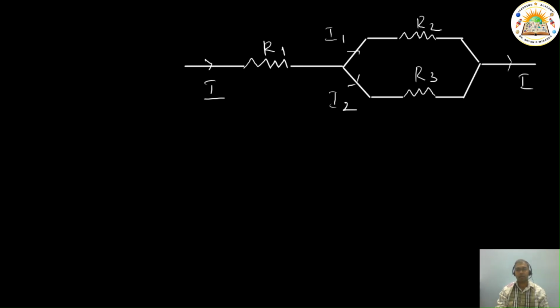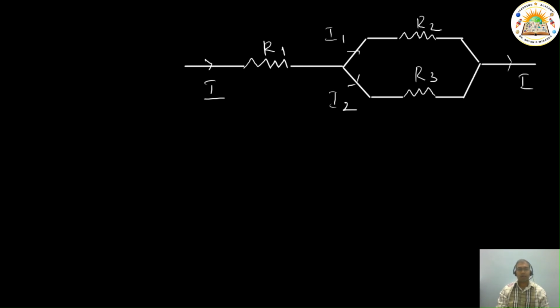So in this circuit, let us take this as my R1, this as R2, and this as R3. So we have current that is coming. It splits into, let's say, I1 and I2, and again we get back I, because I is equal to I1 plus I2 and it comes back here, we need to have current back in the circuit.